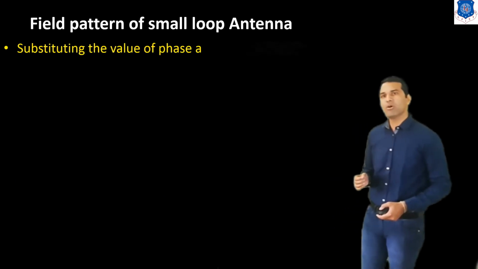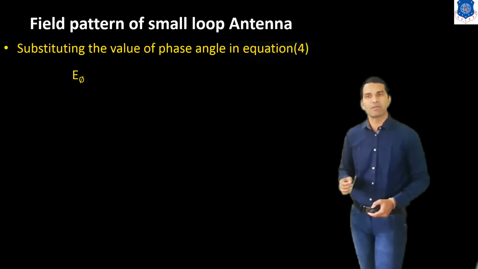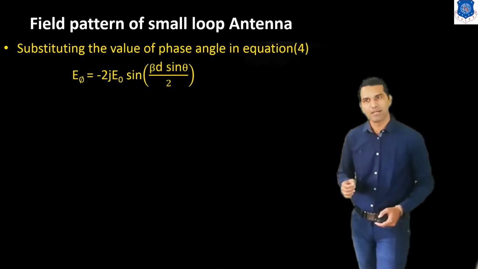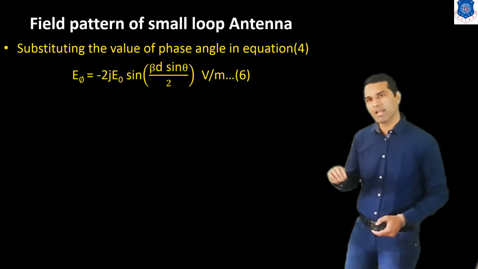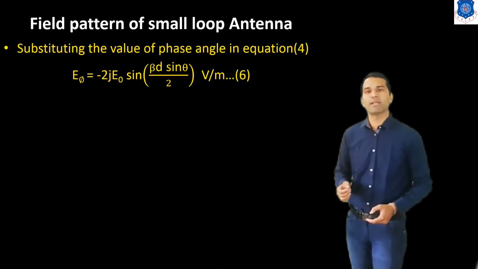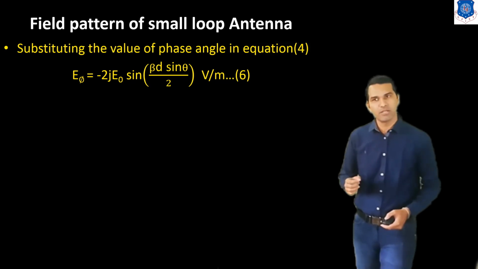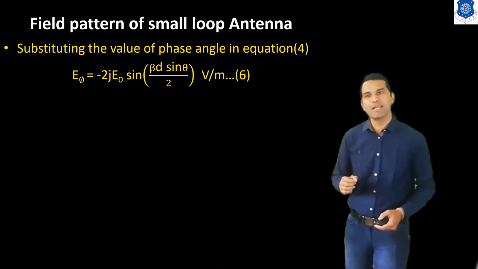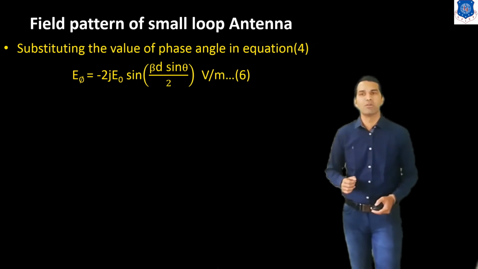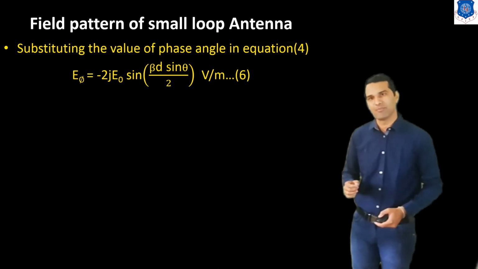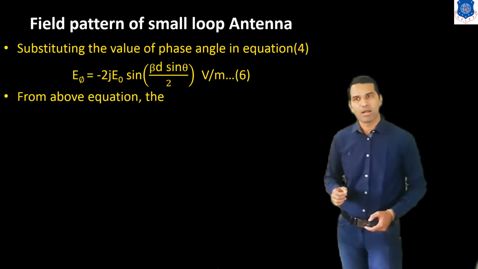Substituting the value of the phase angle in equation number 4, we finally get E phi equals minus 2j E0 sin of beta d sin theta by 2, and the unit is V/m, that is volt per meter.